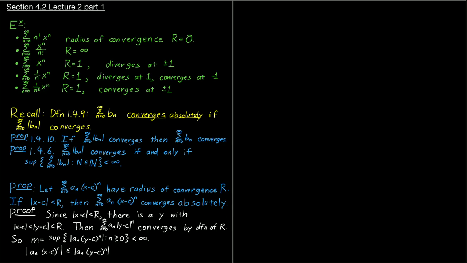So I can use my bound, and then I multiply that by |x - c| over |y - c|, to the power n. Then that first piece is at most M. And since |y - c| is bigger than |x - c|, which is non-negative, I'm sure I'm not dividing by 0.